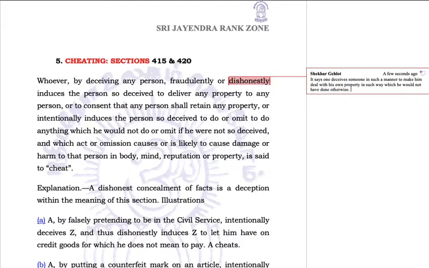That is the most simple way. It says one deceives someone in such a manner as to make him deal with his own property in a way which he would not have done otherwise. Someone has deceived me in such a manner that I am using my money in a manner which I would not otherwise have done.